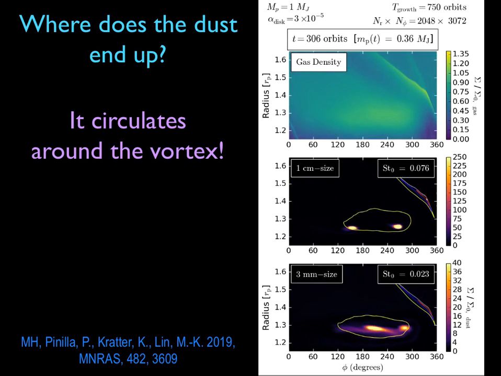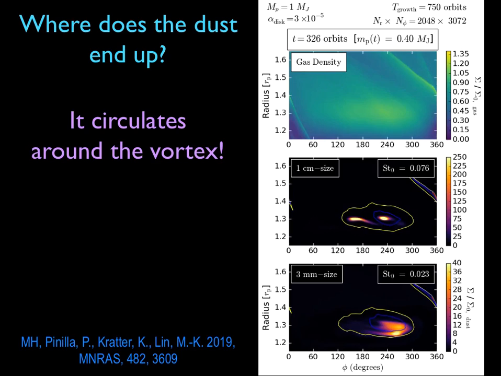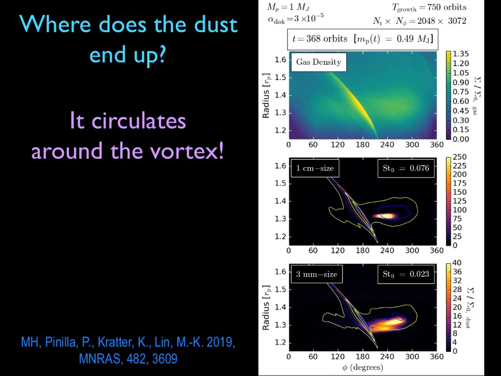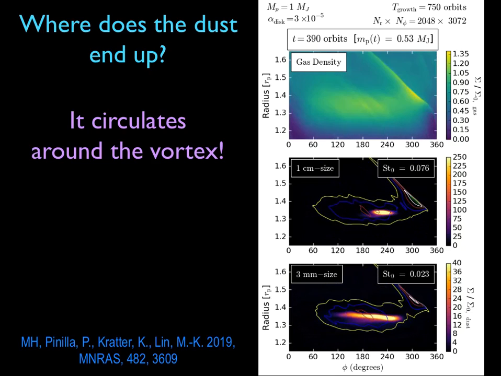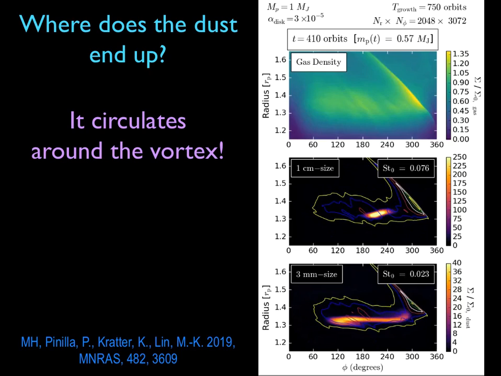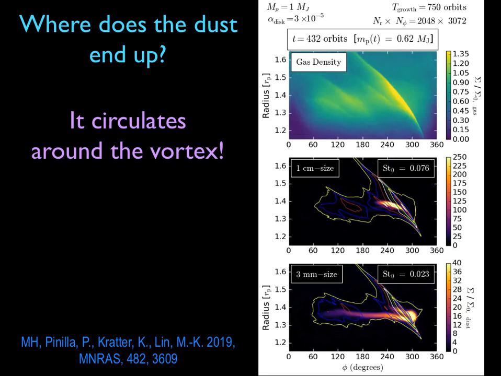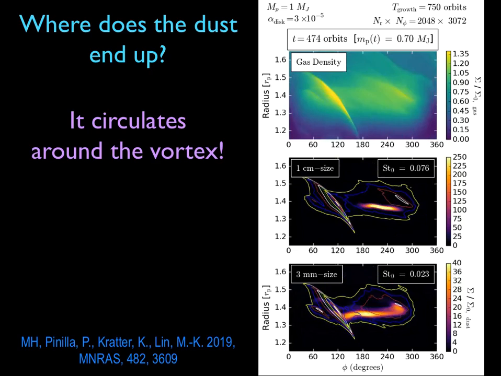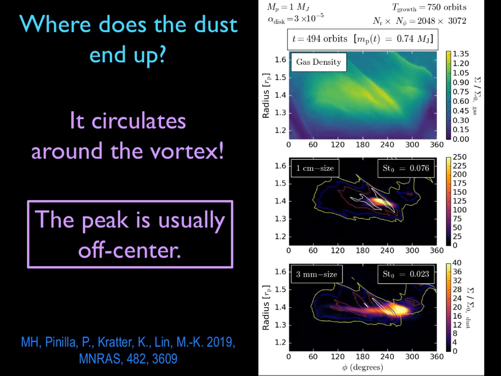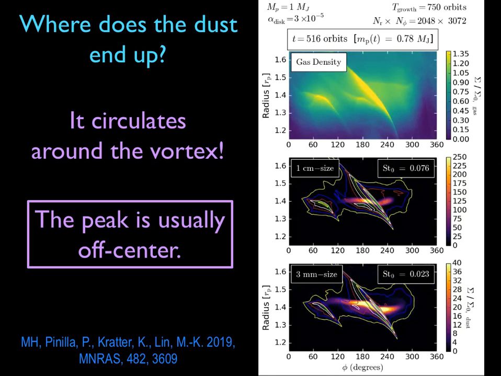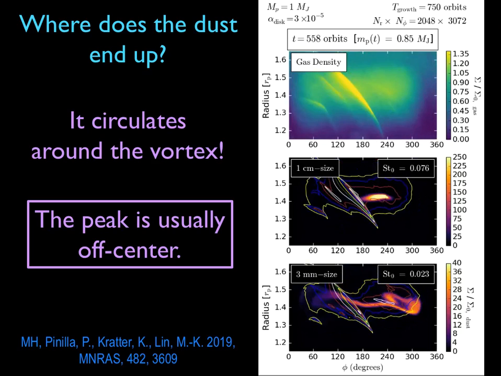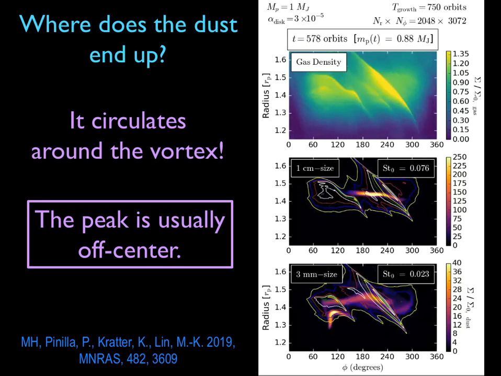Instead, the dust circulates around the vortex, as you can see here for 1 centimeter and 3 millimeter size grains. So this motion leaves the vortex nearly as elongated in the dust as it is in the gas. And furthermore, it also leaves the peak in the dust density off-center most of the time, creating a big distinction between compact and elongated vortices.